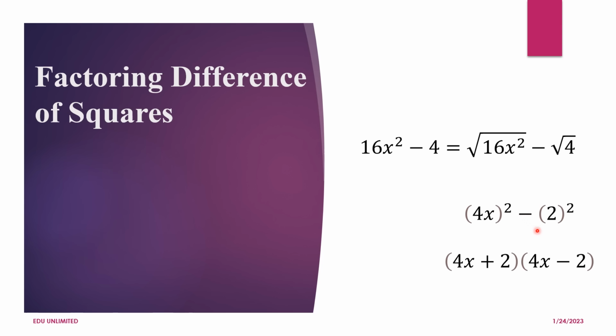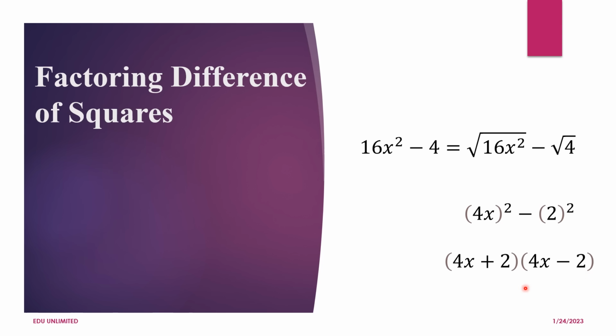So the variables are the same, 4x and 2, 4x and 2, but because it's a difference of squares, the sign would be different for each factor. One must be 4x plus 2 and the other must be 4x minus 2.